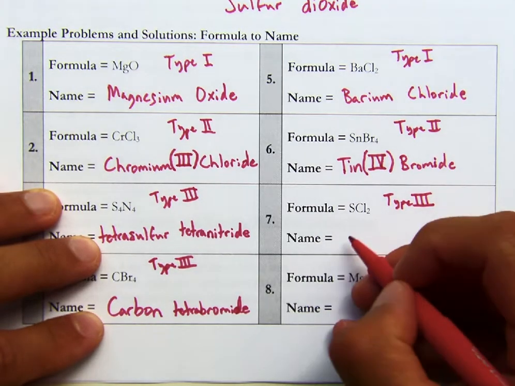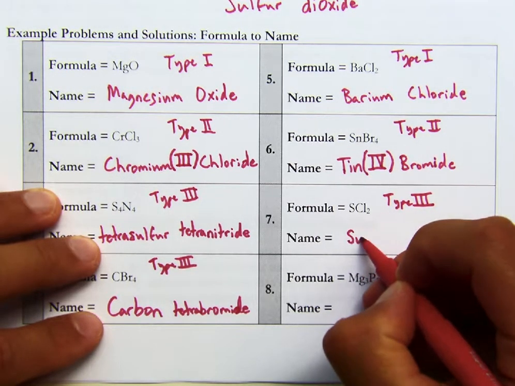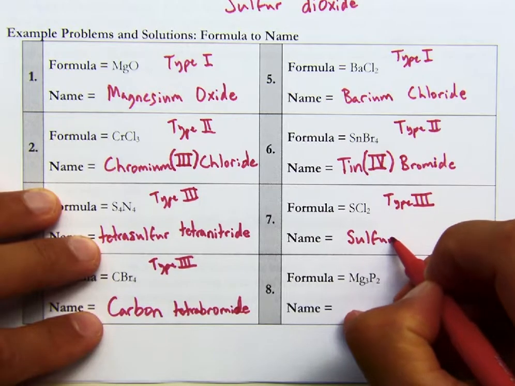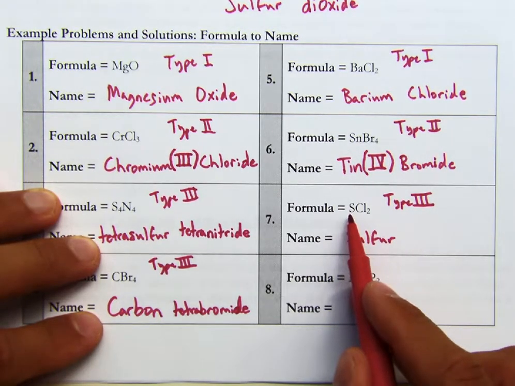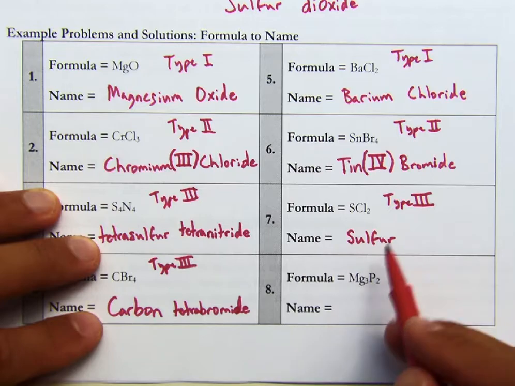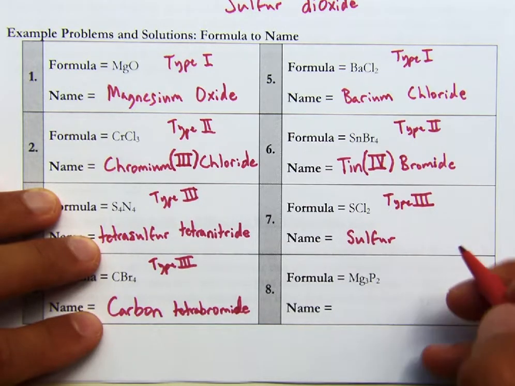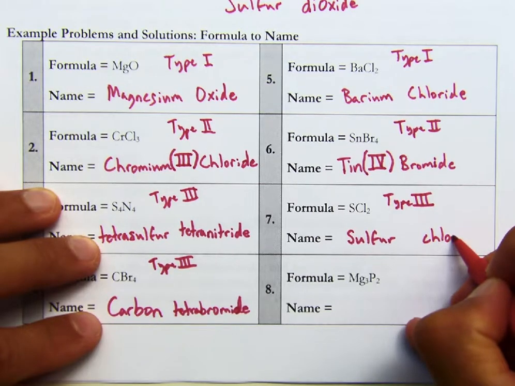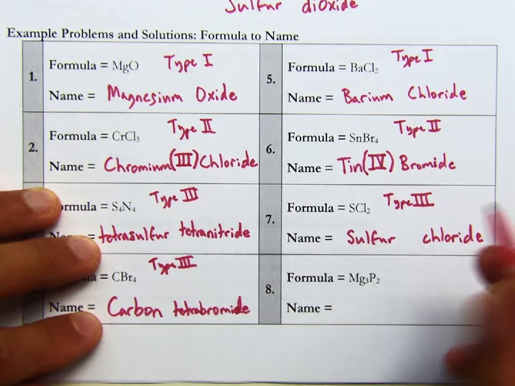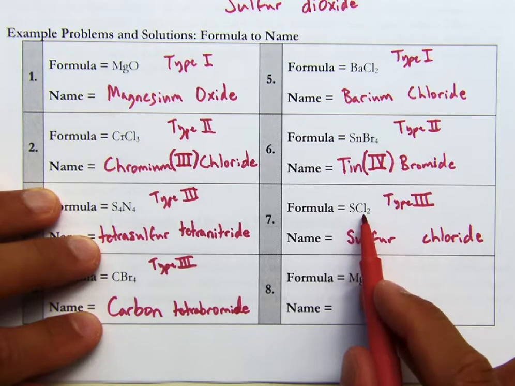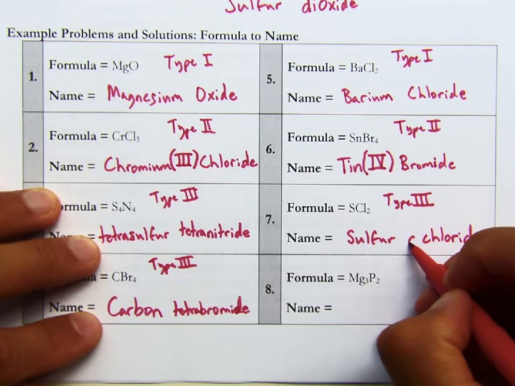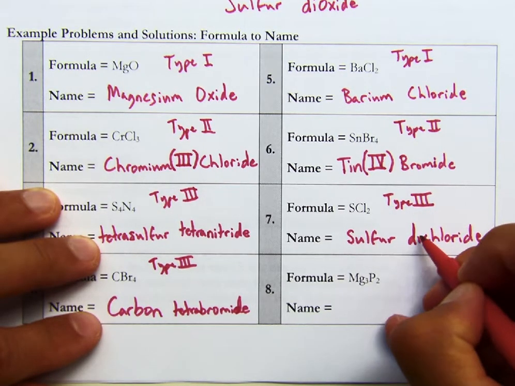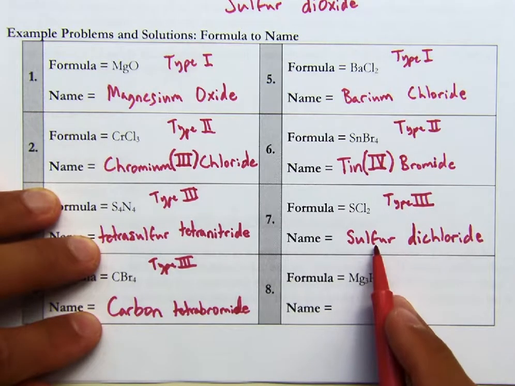We have sulfur, so I'm going to write sulfur. Now we have 1 of it. I'm not going to say monosulfur, just sulfur. And then we have chlorine becomes chloride, but we do have 2 of it. The prefix for 2 is di, D-I. Sulfur dichloride.